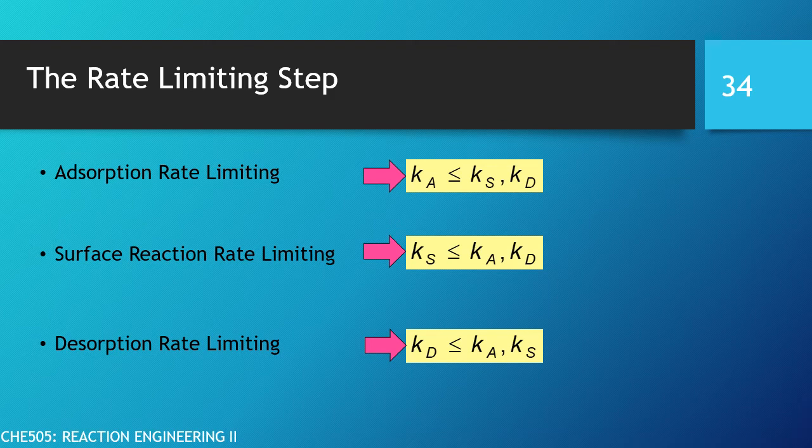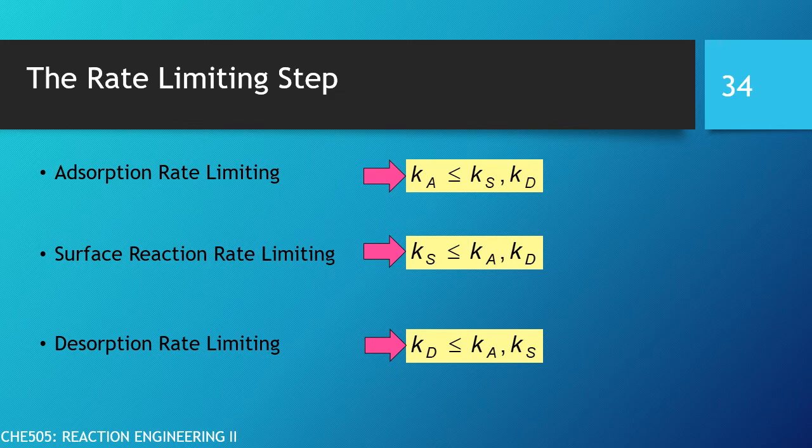If you know which step is rate limiting for the reaction, we can assume the following. If adsorption is rate limiting, k_A, the rate constant for adsorption, will be smaller than k_S and k_D. If surface reaction is rate limiting, k_S will be smaller than k_A and k_D.